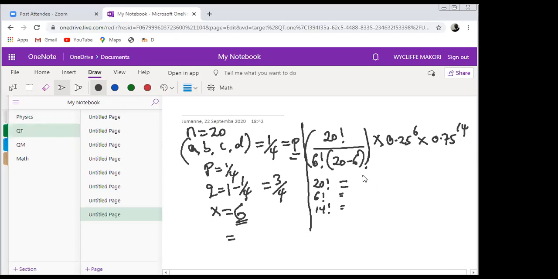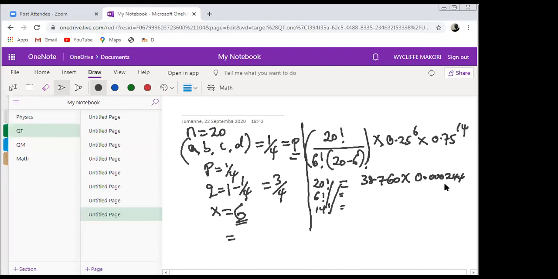You get 38,760. Instead of doing all this calculation, you can do that. Then you multiply by 0.25 to the power 6, which is going to give you 0.000244.